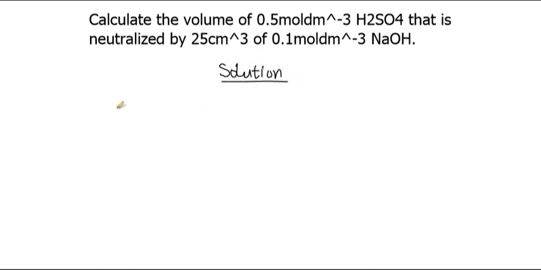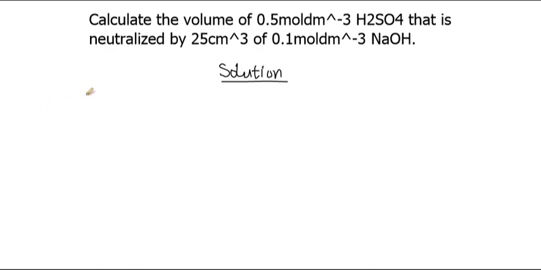From the question above, it can be concluded that we are dealing with a neutralization reaction, which is the reaction between an acid and a base to give salt and water. So the first thing to do here is to write out the chemical equation.